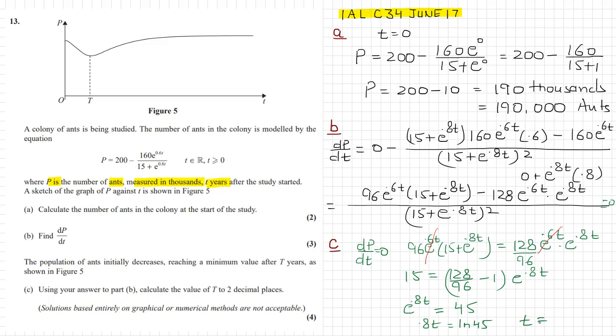So t will be ln 45 over 0.8, which is 4.75832, but we have to write up to 2 places, so 4.76. So that is the answer.